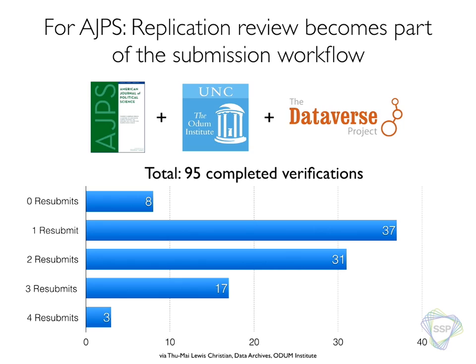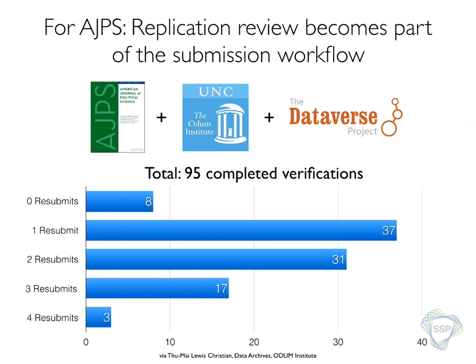The Odum Institute is finding out that it's not cheap and it's very time consuming, as you would expect, and we're looking at ways to automate or facilitate it with options like, I see here, CodeOcean, for example.